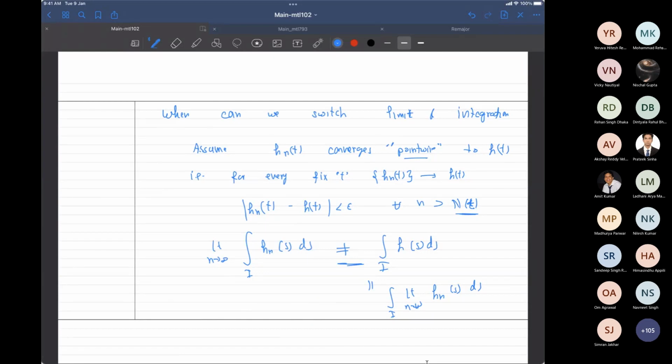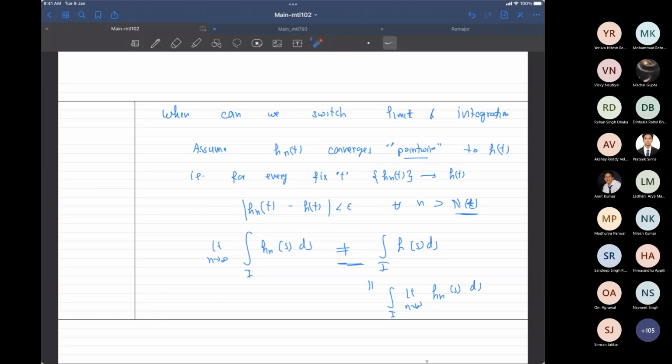So what we need is a stronger notion of convergence. Pointwise convergence is not enough to interchange the limit and the integral. And in the next class, we will discuss this stronger notion of convergence. What we need to do here is to make this n independent of this t. If we can do that, then we will prove that this equality holds. Okay, so this is what we will discuss in the class on Tuesday.